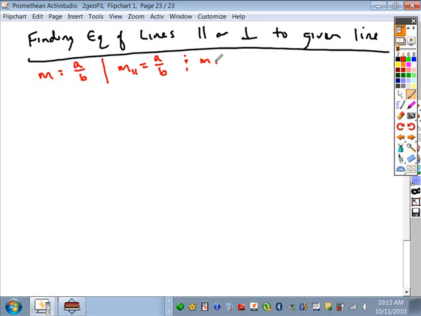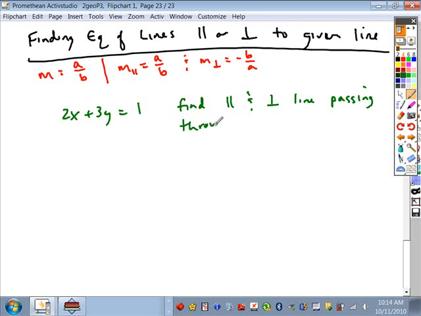And what would be the slope of a perpendicular to this given line? The negative reciprocal. So flip your fraction, or change the sign of your slope. Okay, so if I gave you an equation, so if I said that you had 2x plus 3y is equal to 1, and I want you to find a parallel and perpendicular line passing through the point negative 2, 3.